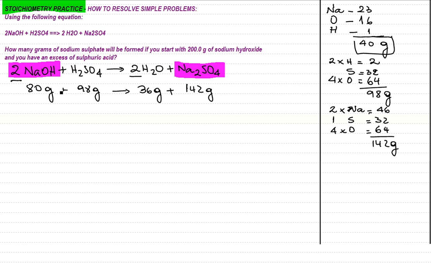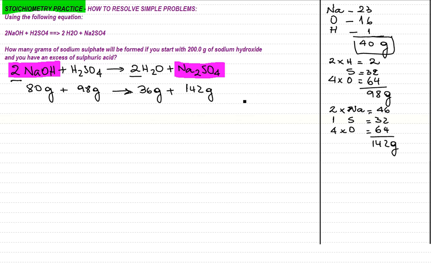We have to take care that the masses are exactly the same amount on the left of the arrow, the reactants, and on the right of the arrow, the products. Now that we have all the masses and they are balanced, we can begin doing our calculations.